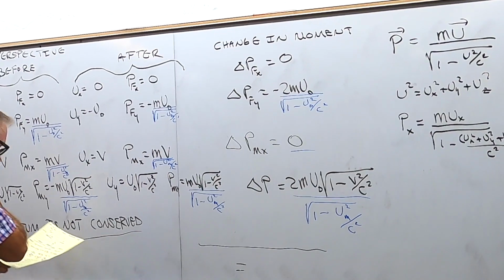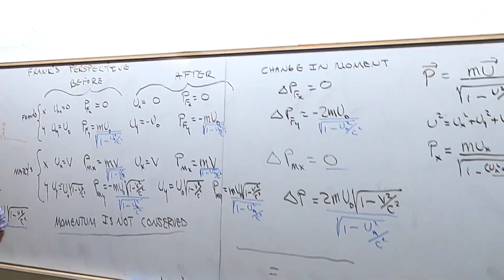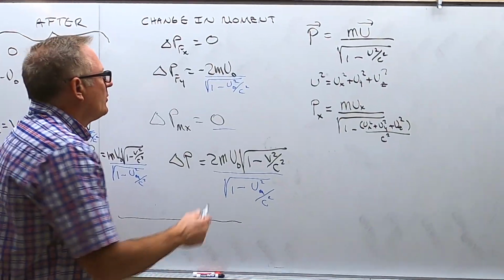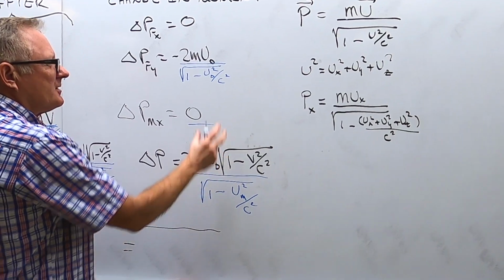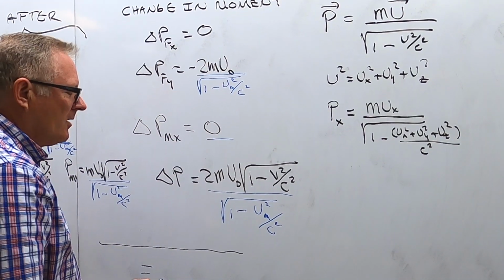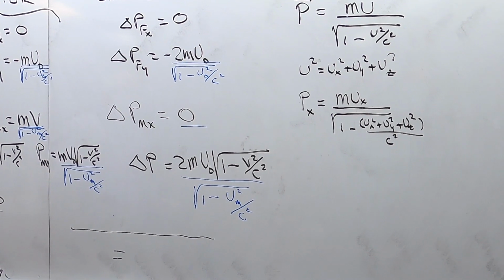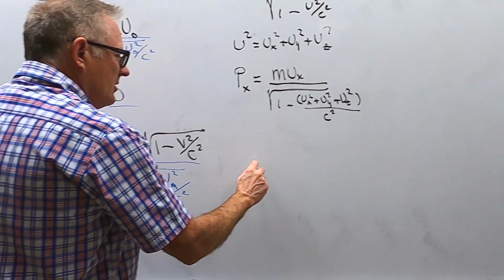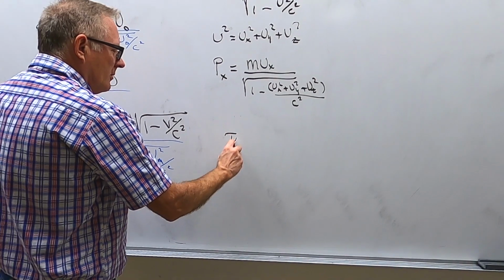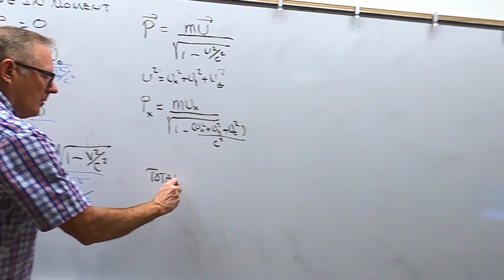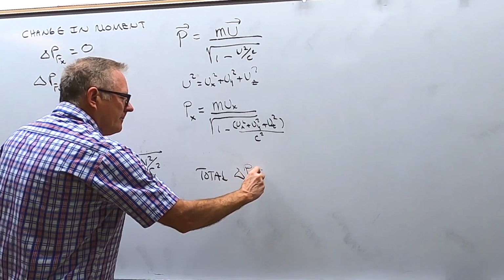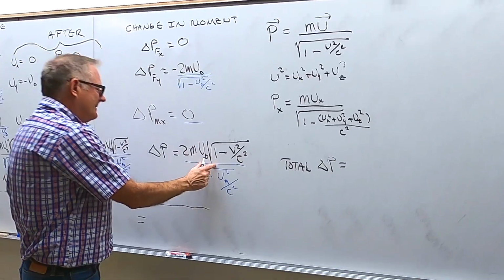Well, so let's plug in right here. I just want to know if, I'll put this term first, minus this equals 0. Well, you notice I can factor out some stuff, the 2m u naught. So the total change in momentum is this plus this.